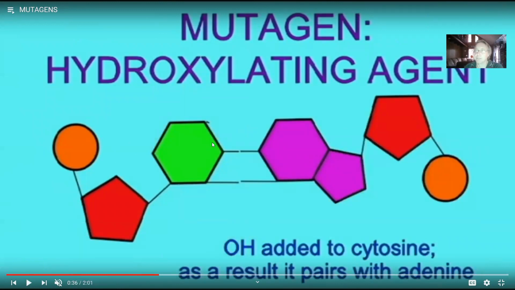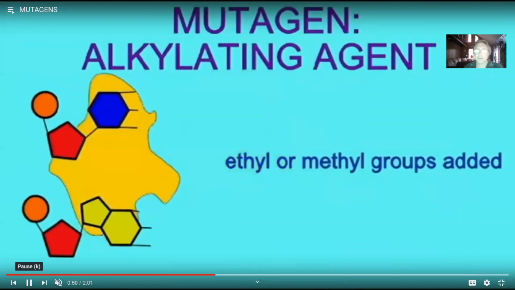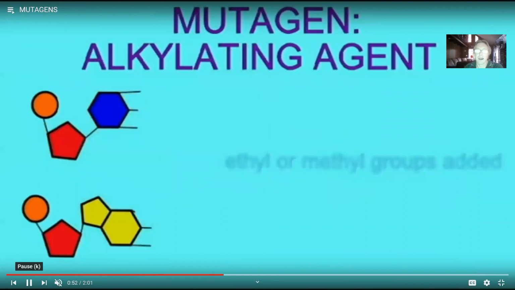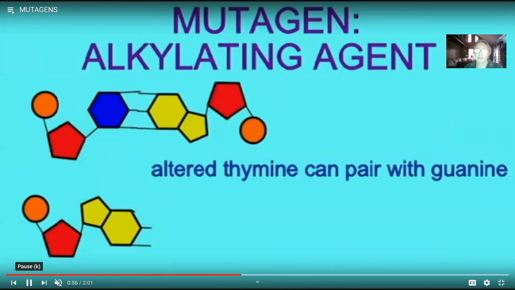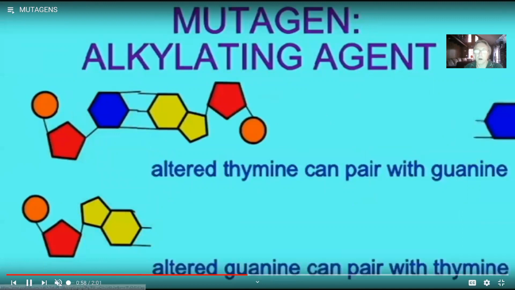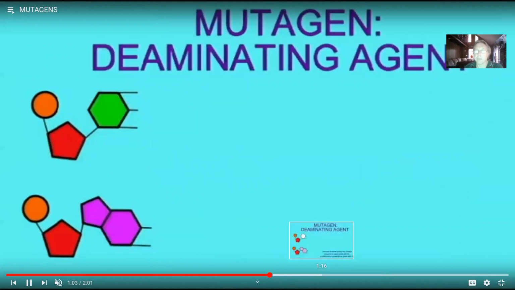The original cytosine would have paired with guanine; this modified cytosine will pair with adenine. There are mutagens which can add either ethyl or methyl groups, and as a result, an altered thymine could bind to guanine, and an altered guanine could pair with thymine.